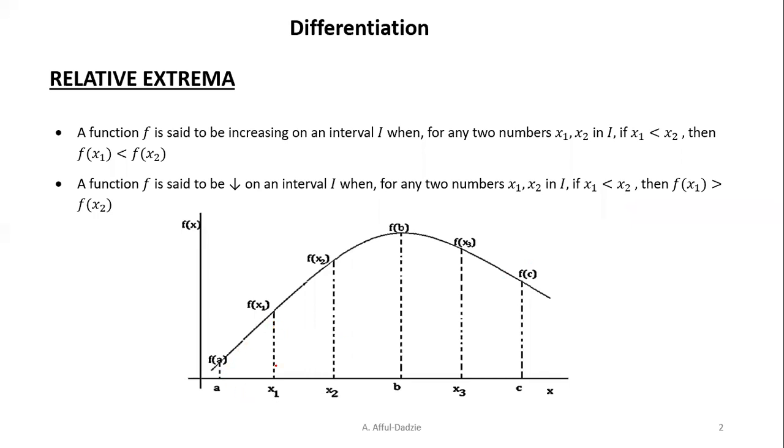This is a polynomial, and we are on this continuum. Let's pick 2 points, x1 and x2.